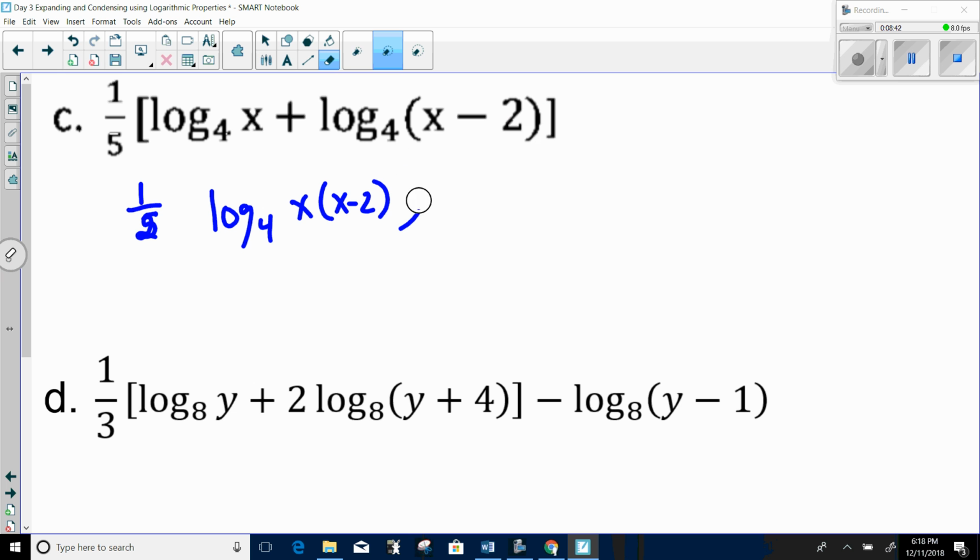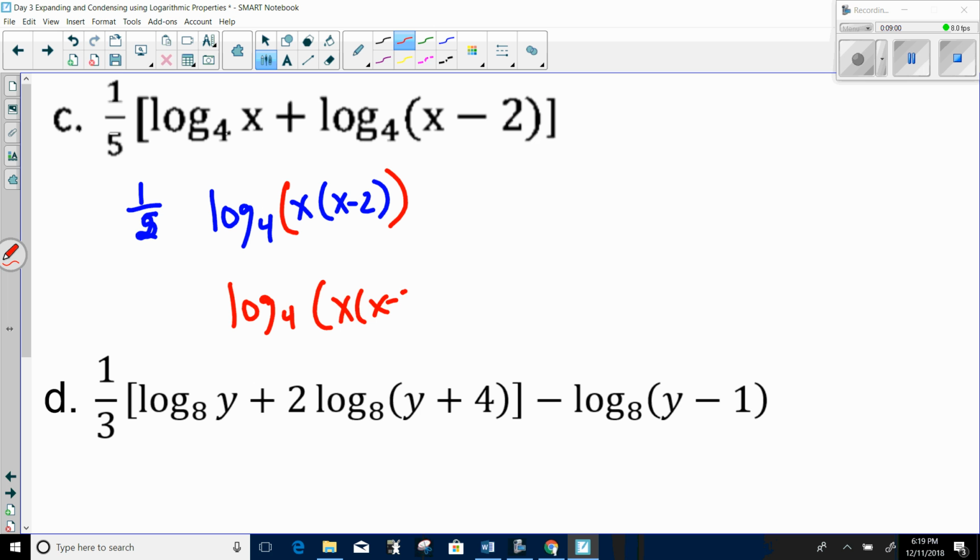If you want to put the parentheses in, you could do it around the part that follows the logarithm. Then this 1/5 goes up as the whole exponent, so you could write this as log base 4 of x times x minus 2 to the 1/5 power.